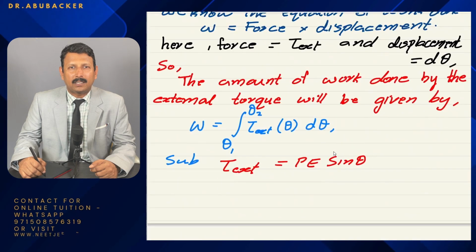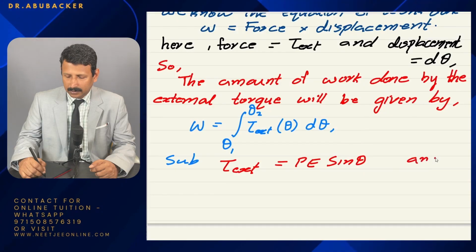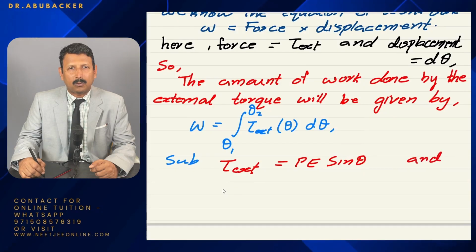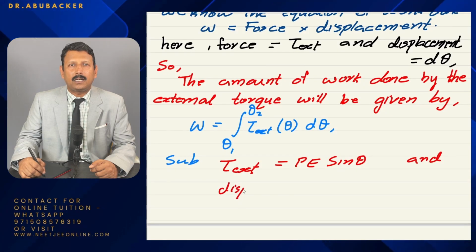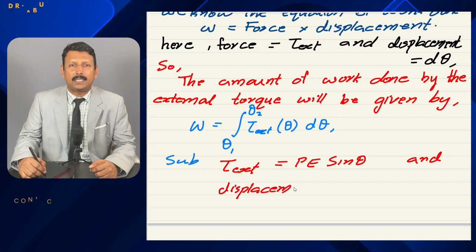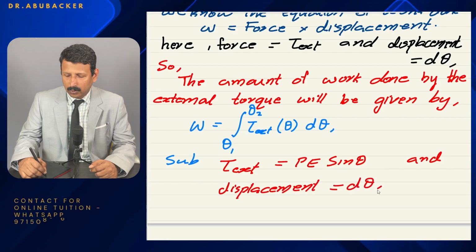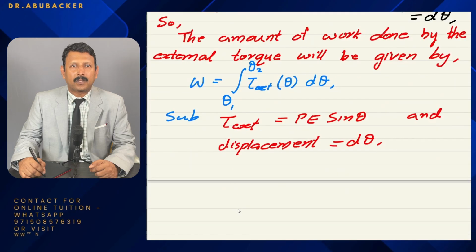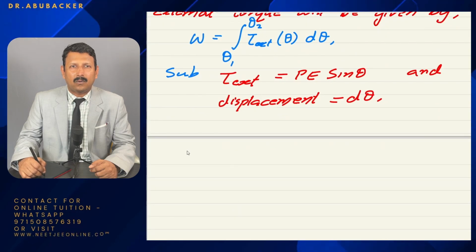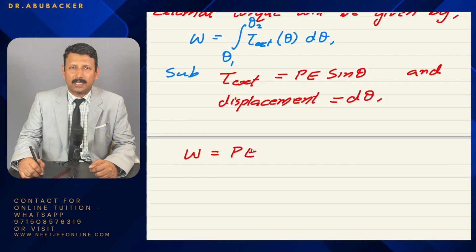So we can write W is equal to, the displacement here is d theta, integral from theta 1 to theta 2 of the value of tau external, that is PE sin theta, d theta.